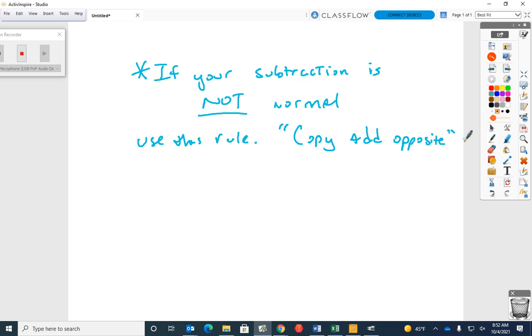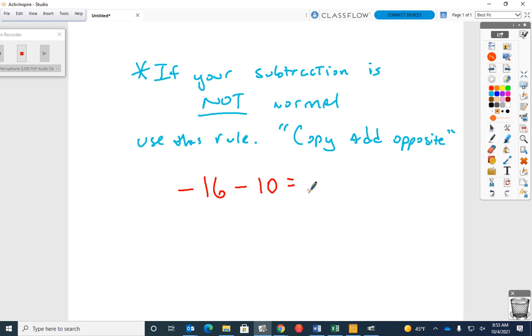Yeah? Okay. So if I have this problem, Luke, give me a negative number. Negative 16. Okay, let's say I have negative 16 minus 10. Is that normal subtraction, first of all? It's not. So if it's not normal, I'm going to follow this rule: copy, add, opposite.